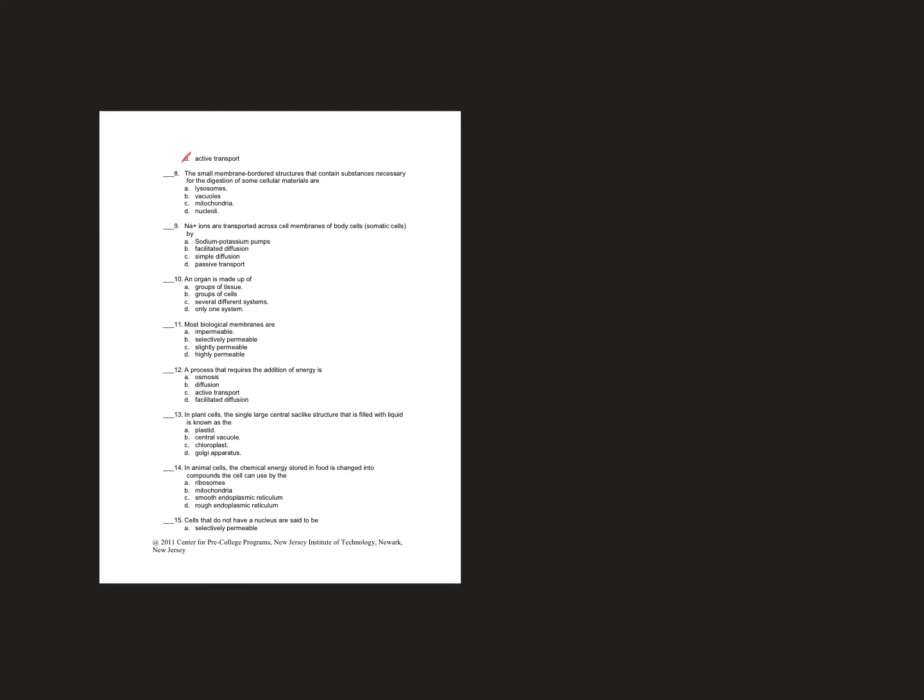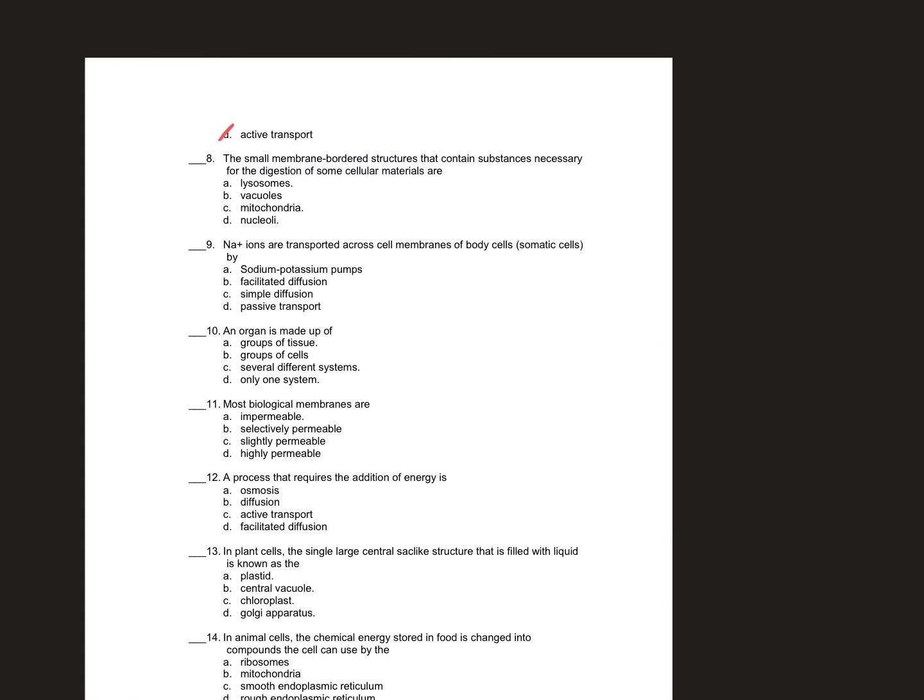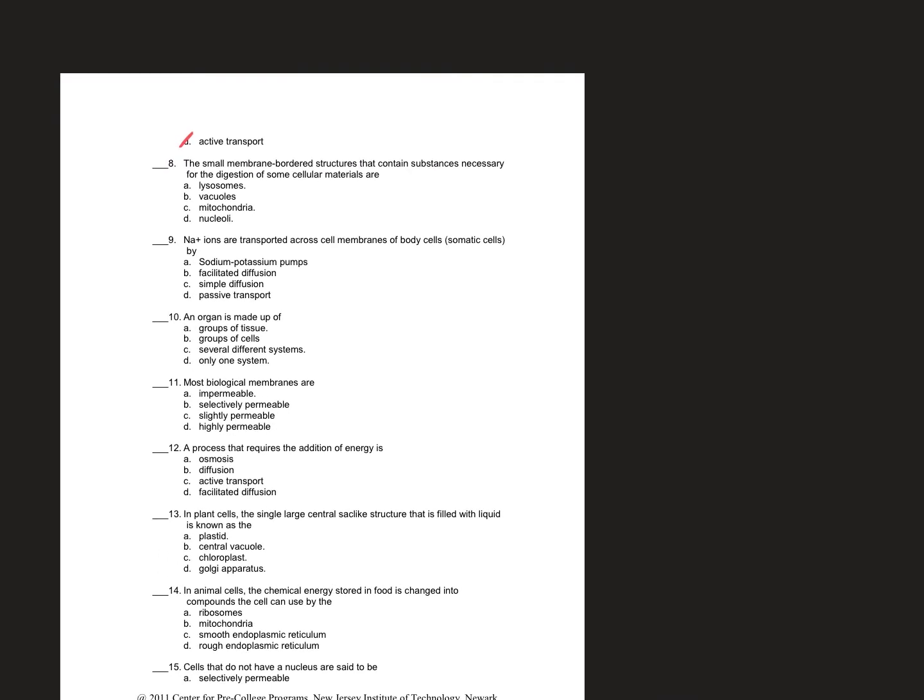I'll grant you this. If you got number 7 wrong, it's one of those questions where you really didn't have a great deal of practice for it, but I did tell you this was the one thing you need to know. You didn't know what diffusion was and what osmosis was. You didn't have to know all the details, the idea of hypertonic and hypotonic. We weren't going to get into that on this test.